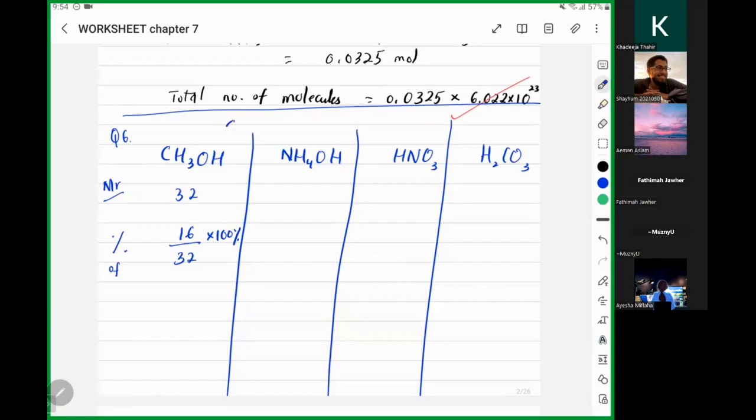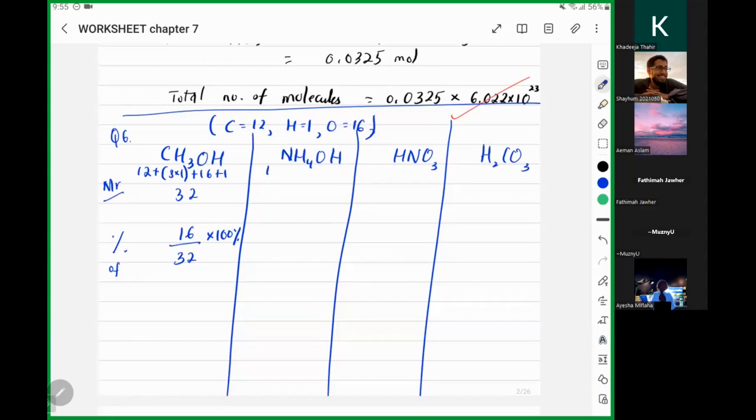Now here, you know carbon is 12, hydrogen is 1, oxygen is 16. They have given you this. So for each formula of these 4 compounds, I'm finding the relative molecular mass by adding. How do I get this? 12 plus 3 into 1 plus 16 plus 1.